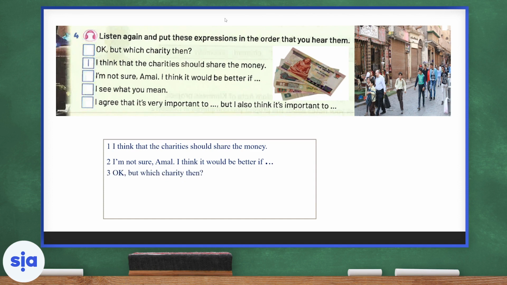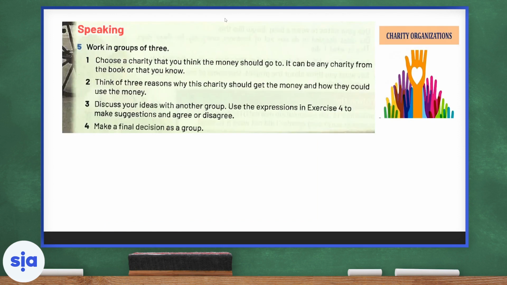Number 3, okay, but which charity then? Number 4, I agree that it's very important, but I also think it's important too. And the last one, I see what you mean. Good job, guys. Let's move on to the next part.